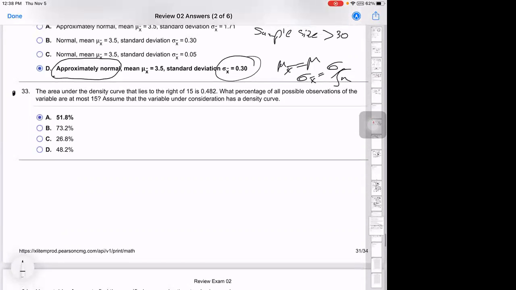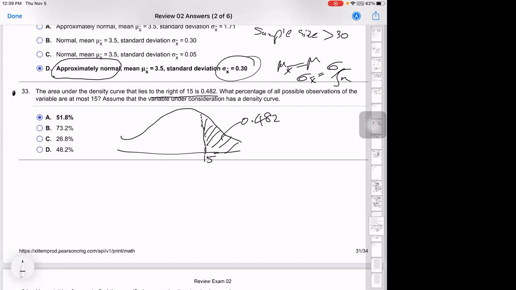This is going to be my last question. The area under the density curve that lies to the right of 50 is 0.482.